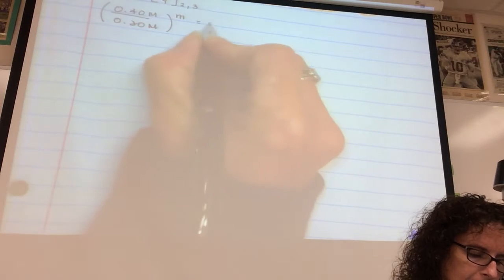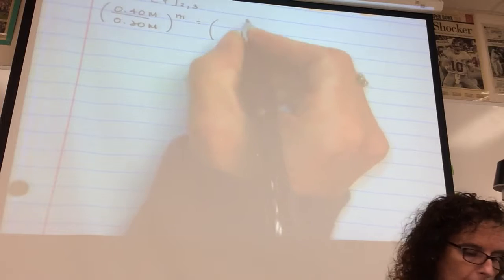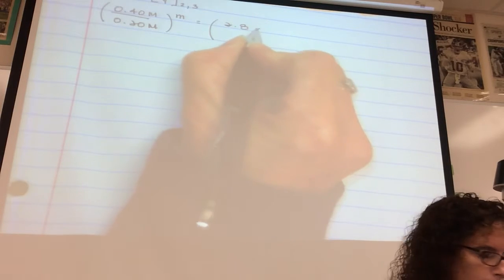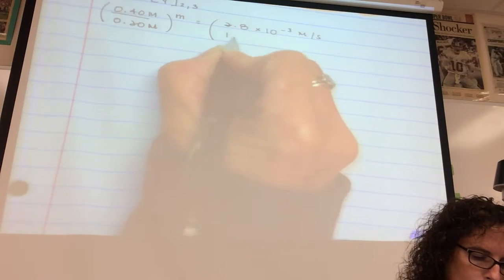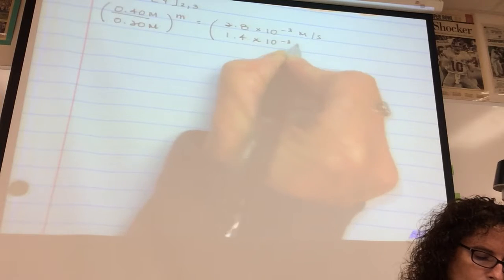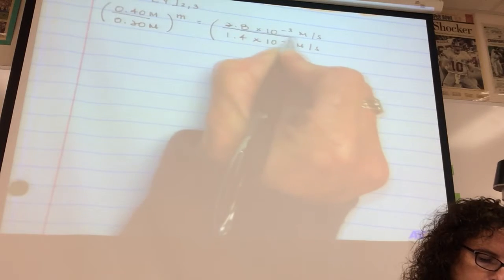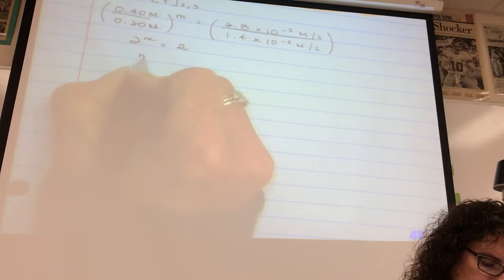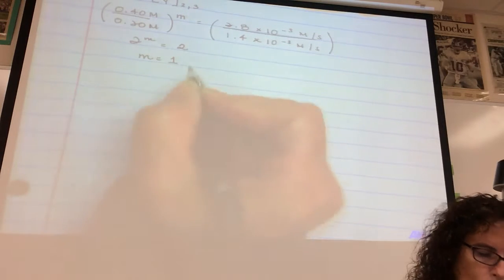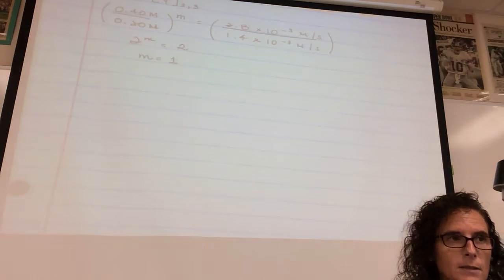You've got 0.40 molar over 0.20 molar, and that is going to be raised to the M power for the second reactant, and that's going to be the rate of the second experiment over the rate of the first experiment, and you have 2 to the M is equal to 2, so M is equal to 1. First order with respect to Y.